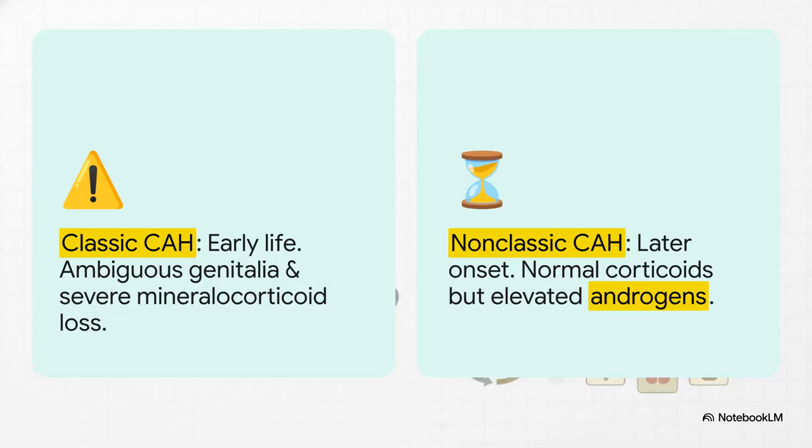Next, you need to compare classic and non-classic congenital adrenal hyperplasia, or CAH. Both are primarily caused by 21-hydroxylase deficiency. Classic CAH presents very early with severe mineralocorticoid defects and, in girls, ambiguous genitalia. Non-classic CAH, however, presents much later in life with normal corticoids but elevated androgens.